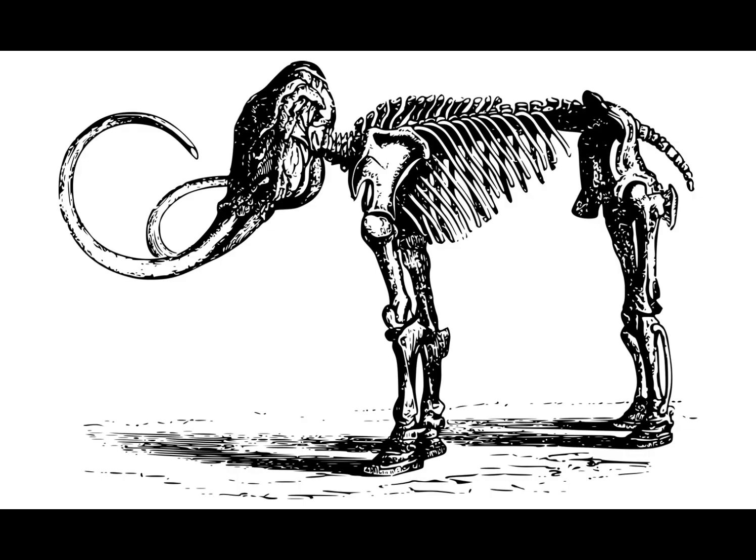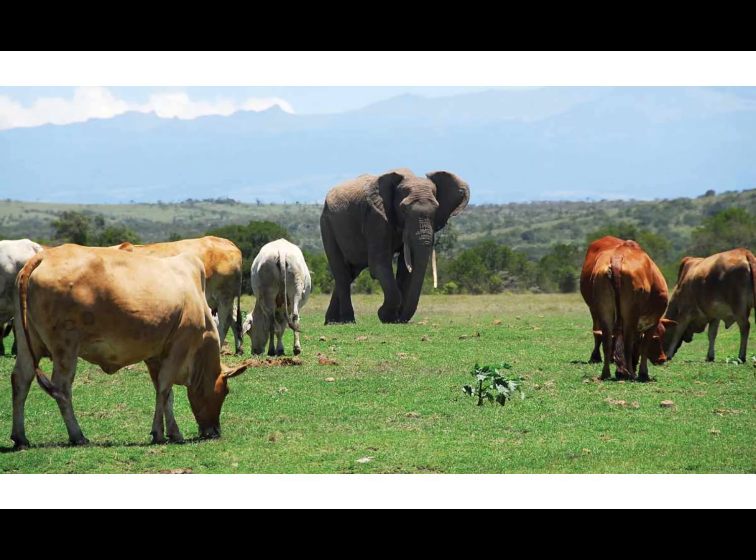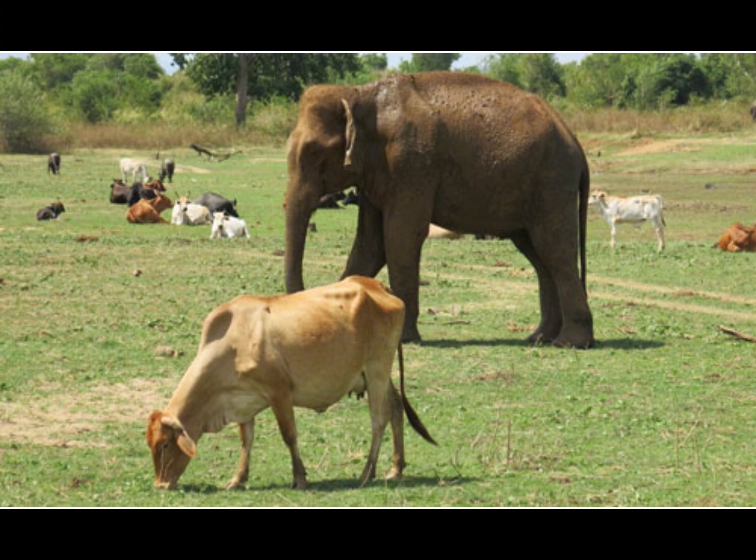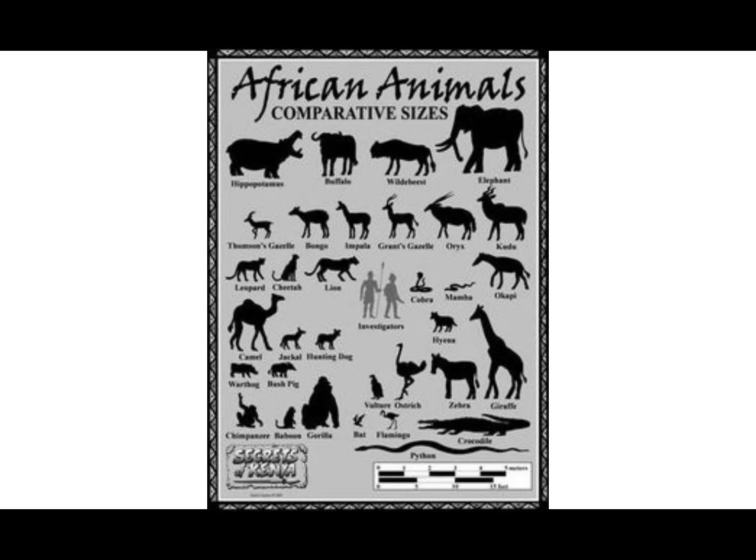And if you think that elephants are cattle size, just check the size comparison on the internet, because elephants tower over rhinos and hippos, which tower over cows and horses. So rhinos and hippos would fall under mammoth size, and so would elephants and giraffes.